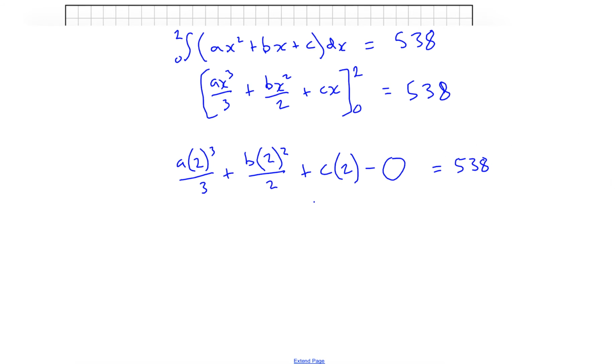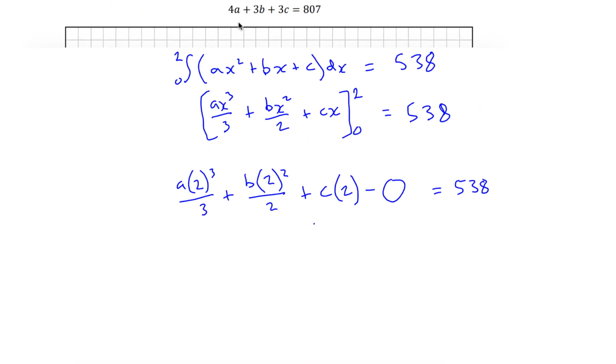And remember, we're trying to get to this here: 4a plus 3b plus 3c is equal to 807. Okay, so let's tidy up a bit. That's 2 cubed, not 2 squared. 2 cubed is 8. So you've got 8a over 3 plus 2 squared is 4b over 2 plus 2c equals 538. Now we want to get rid of fractions.